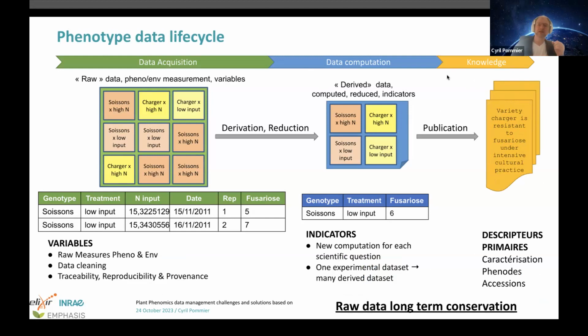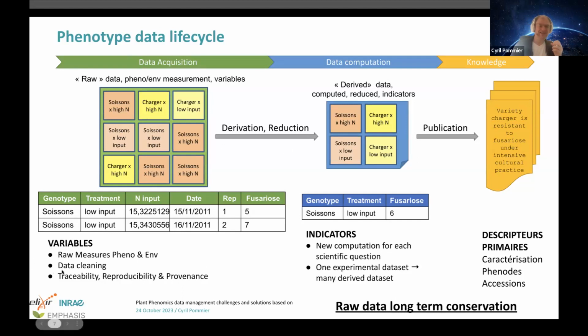But if we cannot get back to the derived data and, more importantly, to the data acquisition level, to the raw data, we cannot reproduce all of this. Furthermore, the raw data can be derived into many derived data sets. Therefore, it is very important to keep the raw data available in data repositories for the long term. So for data acquisition, it's variables, raw measures, phenotype, and environment.